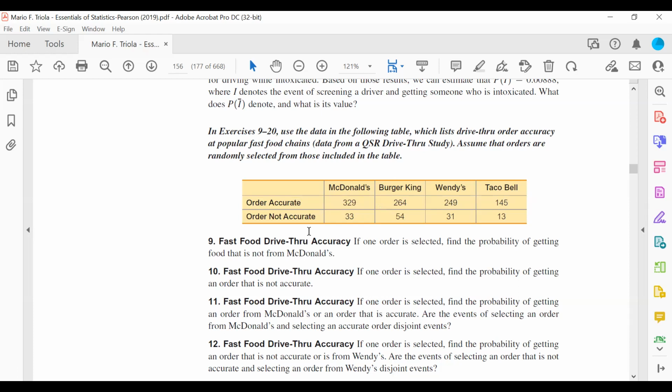So we have to get the sum of all the columns and all the rows. All right, so I have to write it down. So order accurate, not accurate.